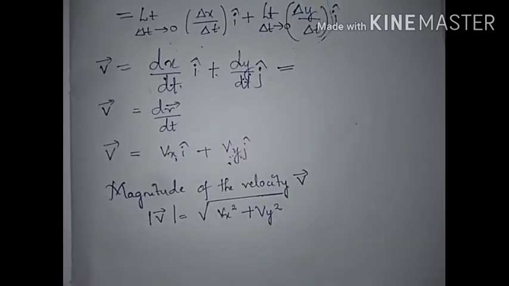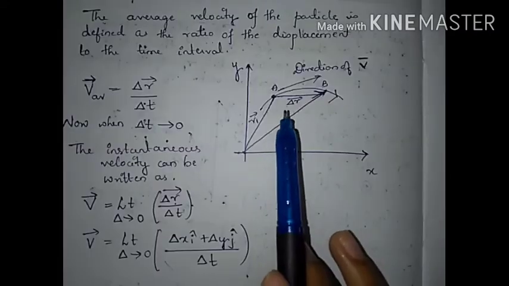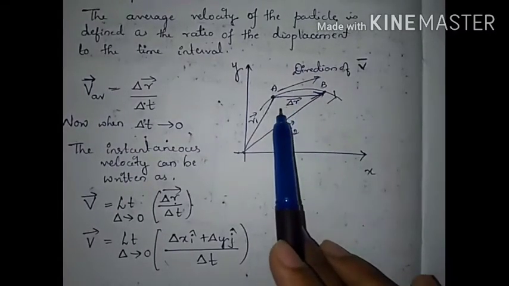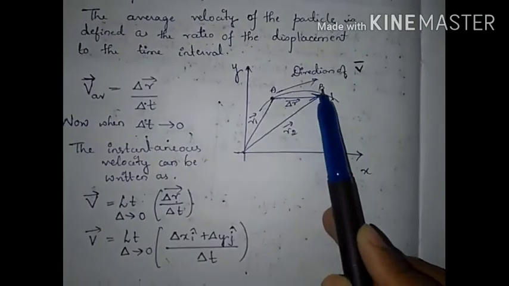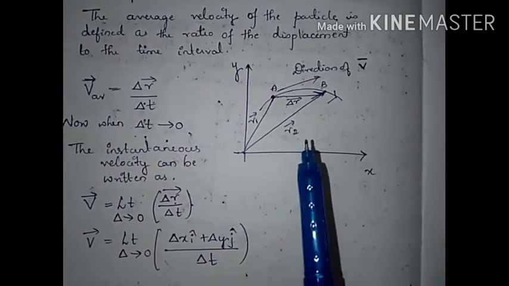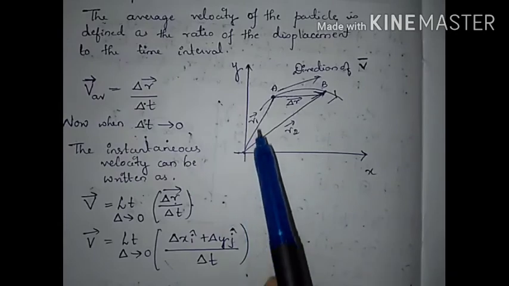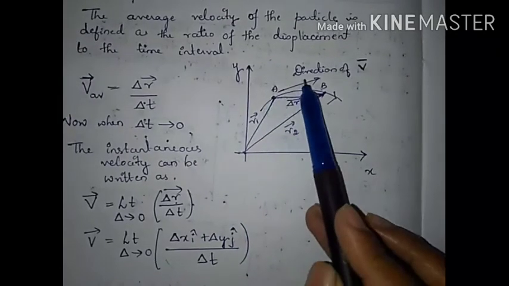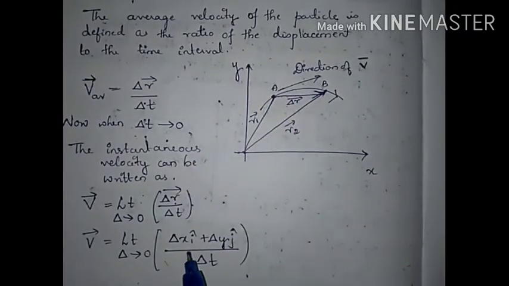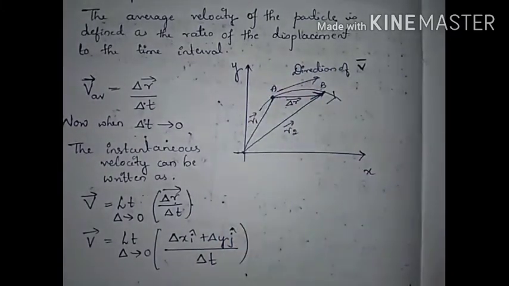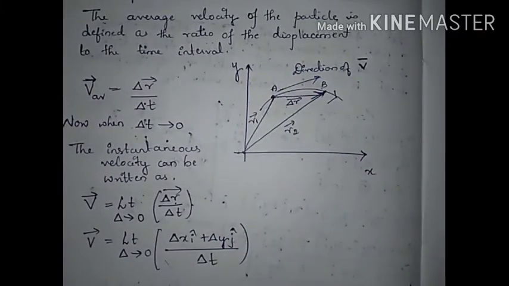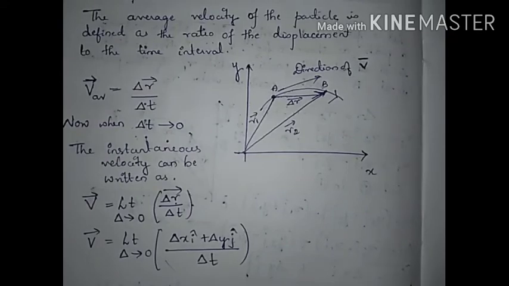Now the direction of the instantaneous velocity is along the tangent to the path of the motion of the particle at the point A. So that gives the direction of the instantaneous velocity.